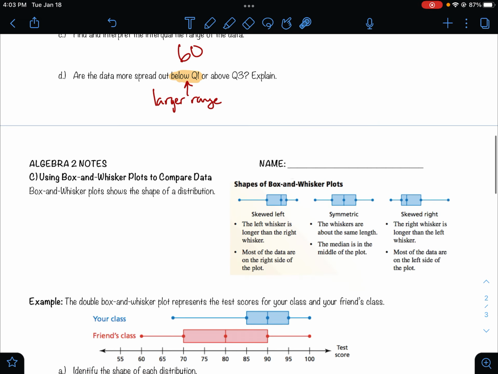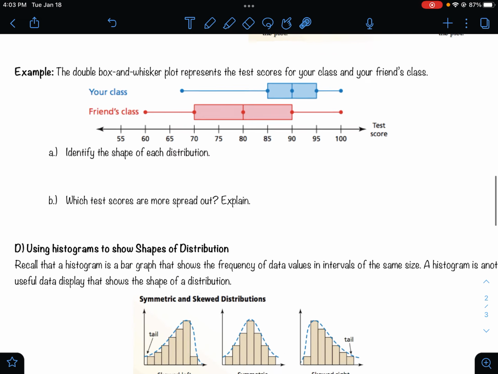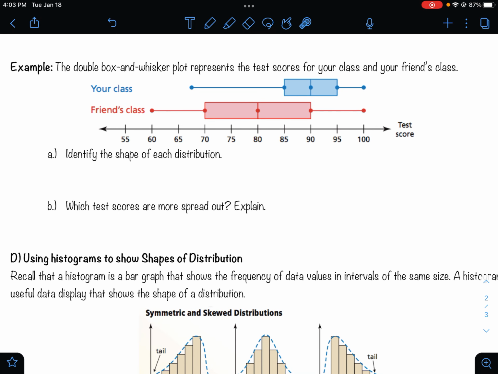All right. Now comparing box and whiskers here, your class versus your friend's class. If we're just talking about the shape distribution, the blue class is it skewed left, skewed right, or symmetrical? When you look at the length of this left whisker, you can see that this is the long whisker, so it is going to be skewed left.